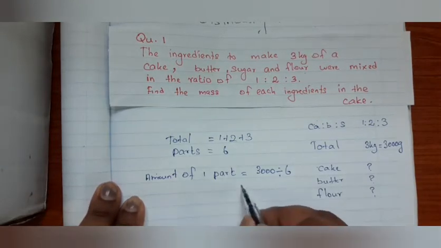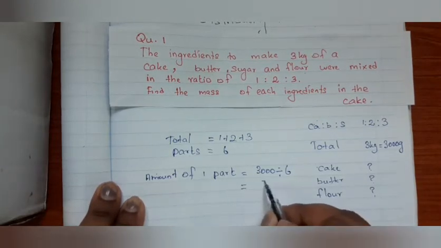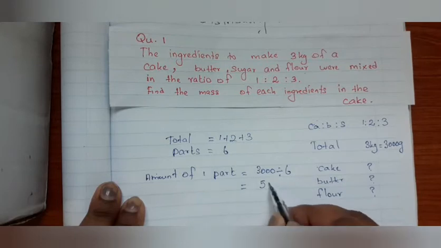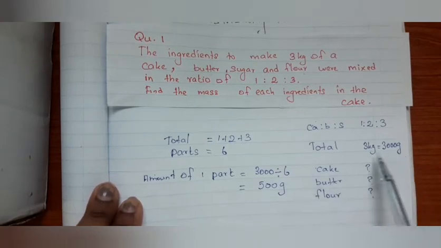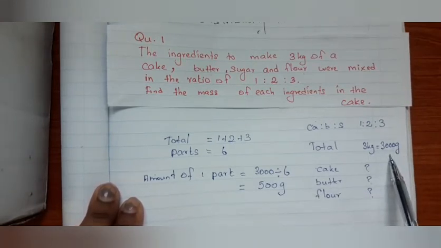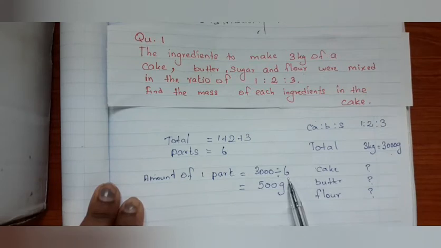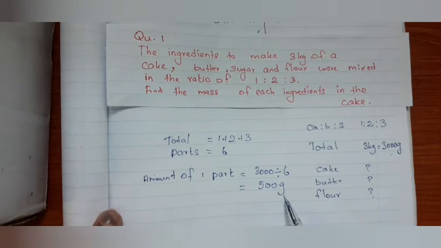When you divide it, you will get 500 grams. You can do long division if you want. Here I converted into grams in order to divide it easily. That's why we are getting the unit in grams as well. So it's 500 grams for each part.